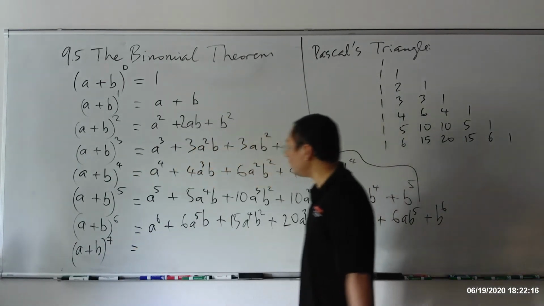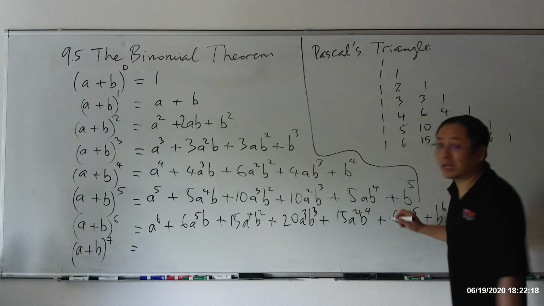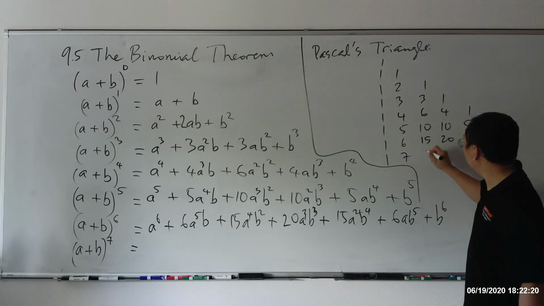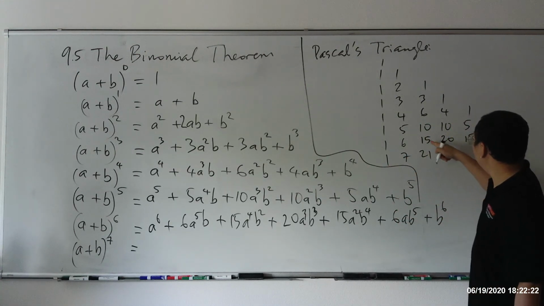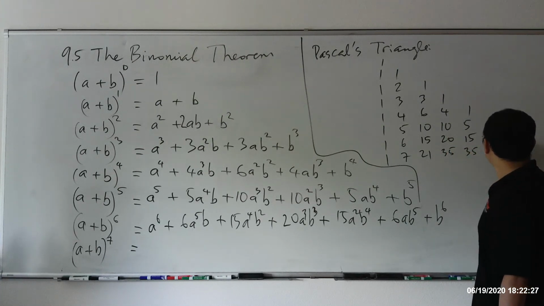Alright? So the 7 is going to be 1, 7, 6 plus 15 is 21. 15 plus 20 is 35. 35, 21, 7, 1.